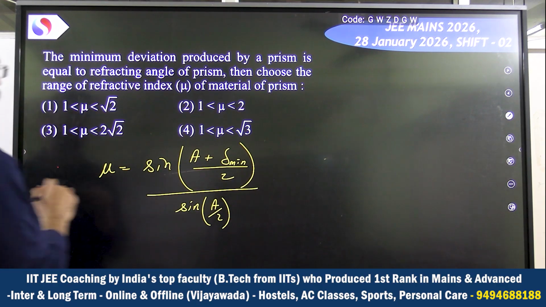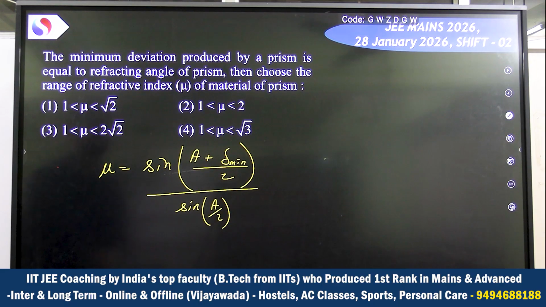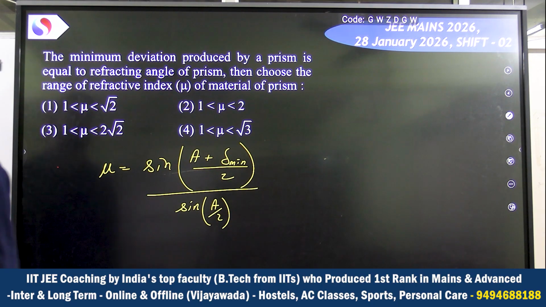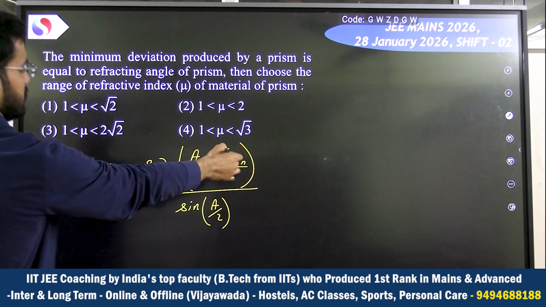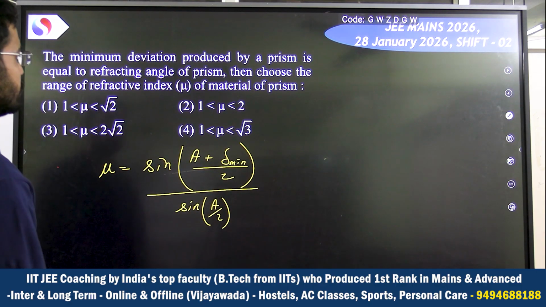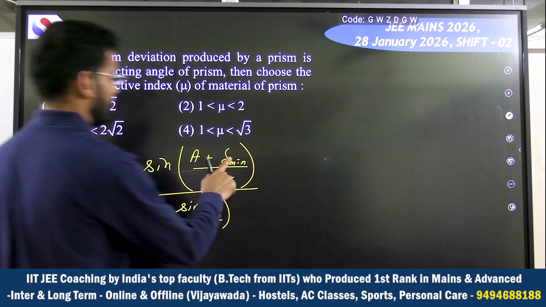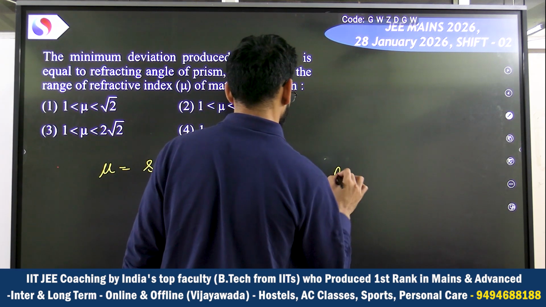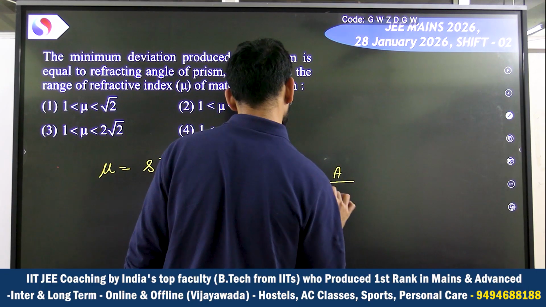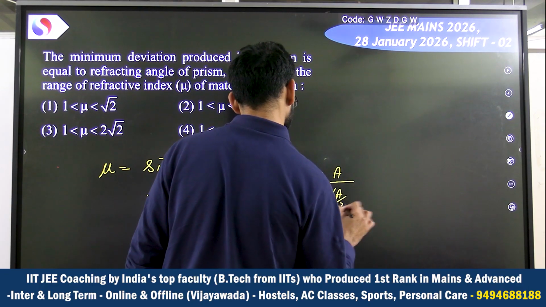Since delta minimum is equivalent to A, you will have sine A divided by sine of A by 2.